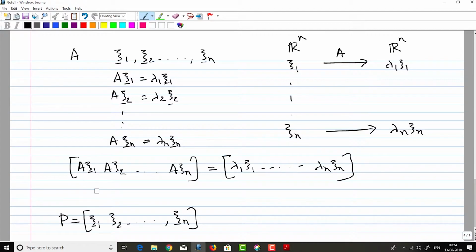AP will give me this matrix, and what about this one? I write the diagonal matrix as lambda 1 to lambda n, and we'll be multiplying this with one column vector. What should I write?